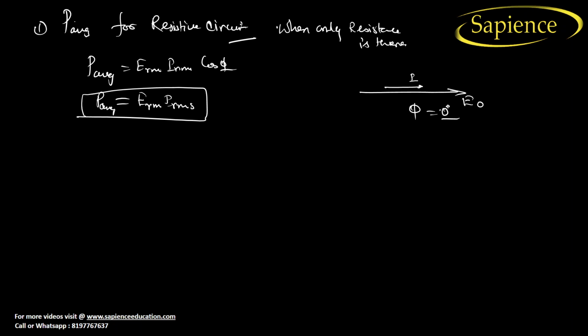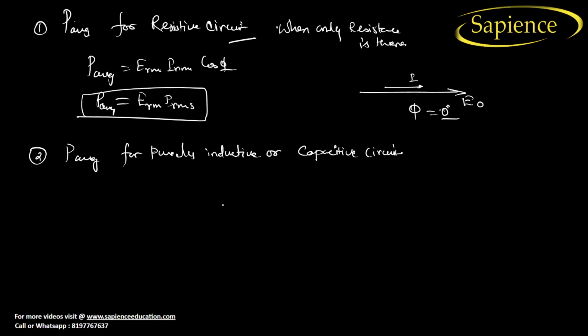Now case 2. So this is the first case. When we need an average power for a purely inductive or purely capacitive circuit, first of all you need to understand what the phase difference is. In inductive circuits, we have seen that current was lagging by pi by 2, that is phi is equal to pi by 2.